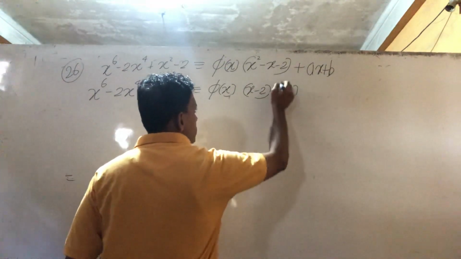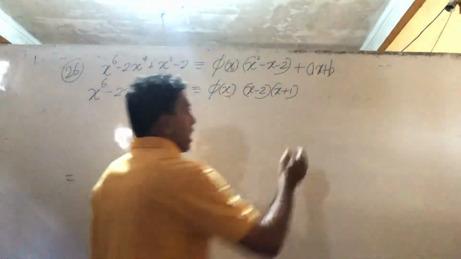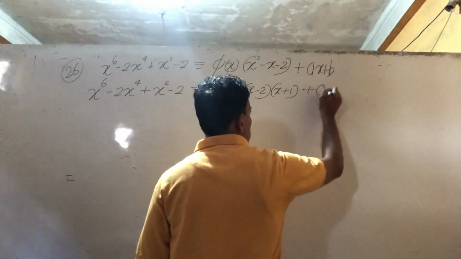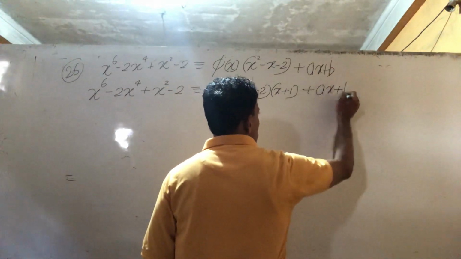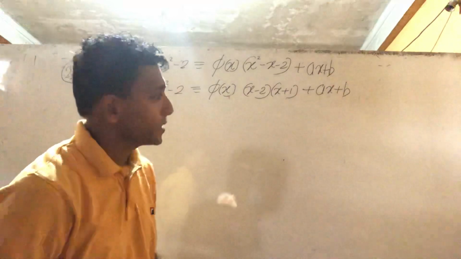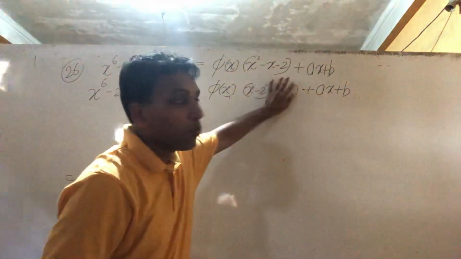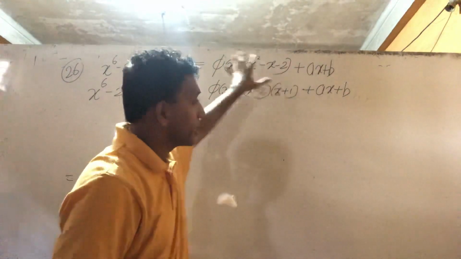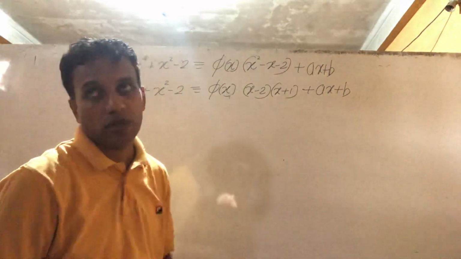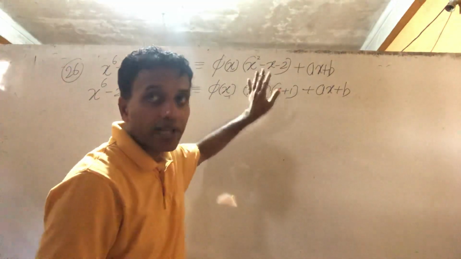Check that: x squared plus x minus 2x, yes. And here ax plus b. Now you can prepare two equations. How? If you put x equals minus 1, it becomes 0, one equation. If you put x equals 2, it becomes 0, another equation.